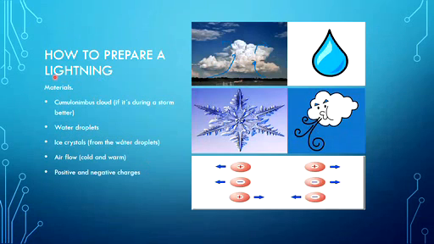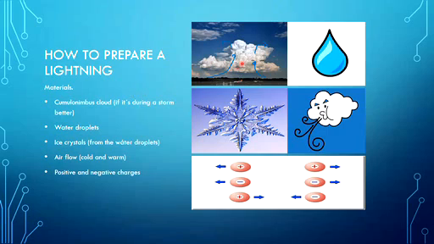Now, how is a lightning made? How can we prepare the lightning? We have to first have a cloud. Mostly the clouds that create lightnings are called cumulonimbus or lightning clouds, and we're going to have clouds during a storm in most of the cases.